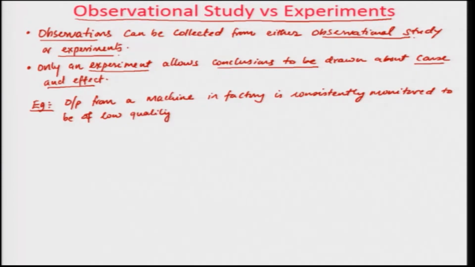So, there are many machines in a factory, and all machines are monitored, but this one particular machine is consistently showing low quality. So, obviously, the question is, what are the main reasons?